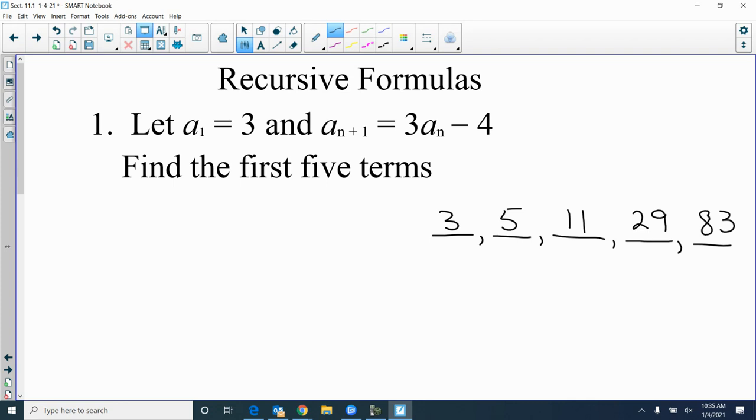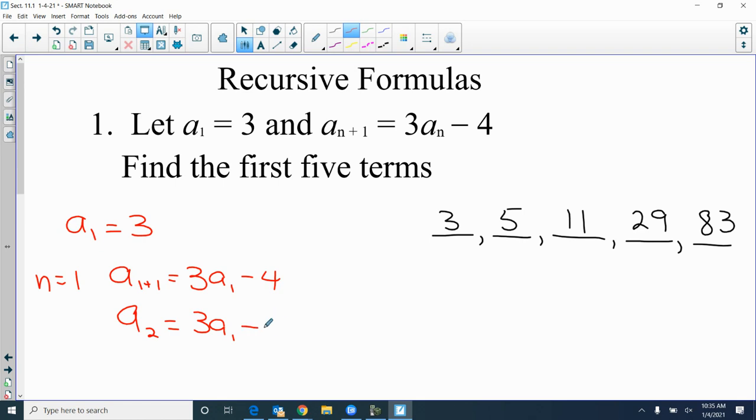Now we can go term by term. We know the first term is 3. To get the second term, you actually let n equal 1. Because that becomes 1 plus 1, which is 2, so a sub 2 equals 3 times a sub 1 minus 4. The second term is 3 times the first term minus 4. Well, plug in the first term.